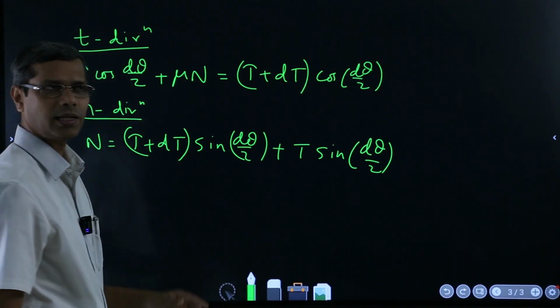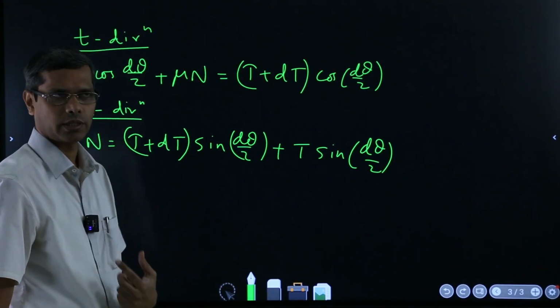But then d theta by 2 is very small, isn't it?